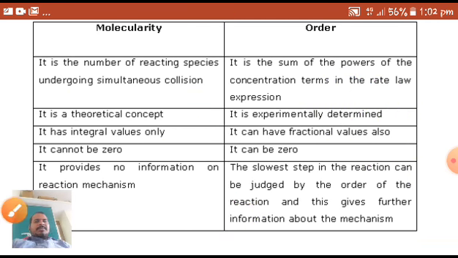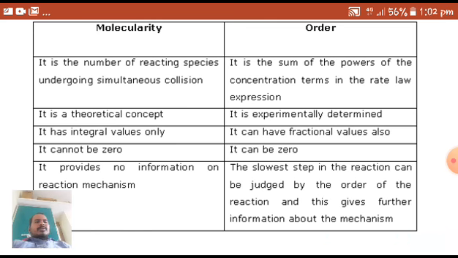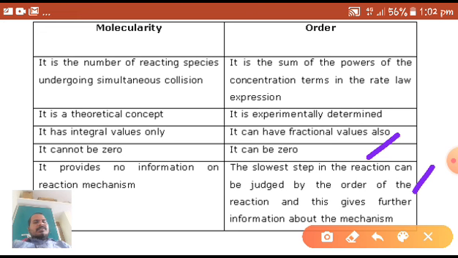Molecularity provides no information on reaction mechanism. The slowest step in the reaction can be judged by the order of the reaction, and this gives further information about the mechanism.